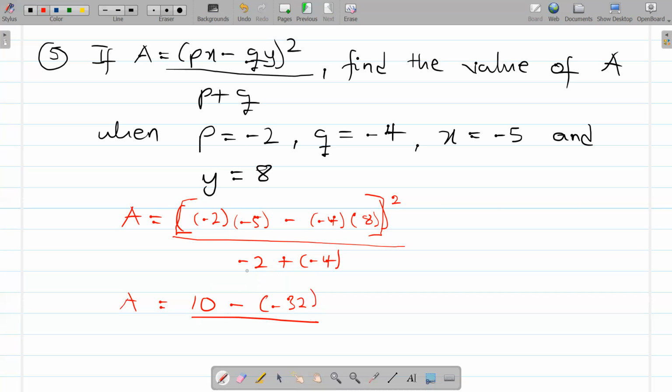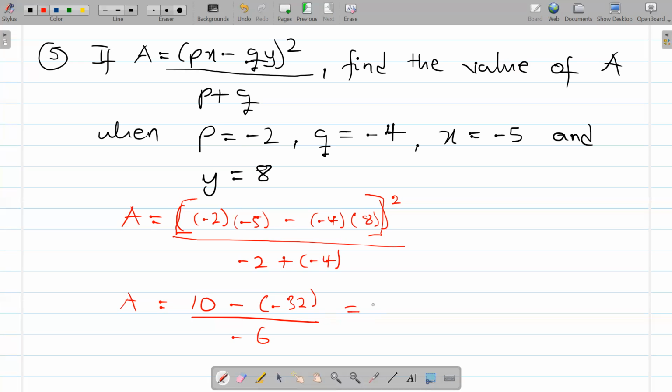So minus 2 plus minus 4, what do we get? Sorry, we got negative 6, because you owe 2, you're going to owe another 2. When you add the 2, you get negative.